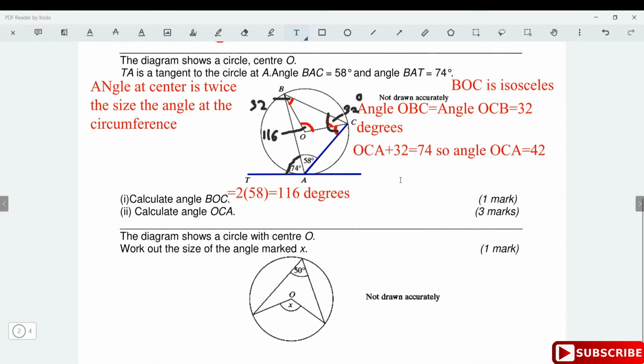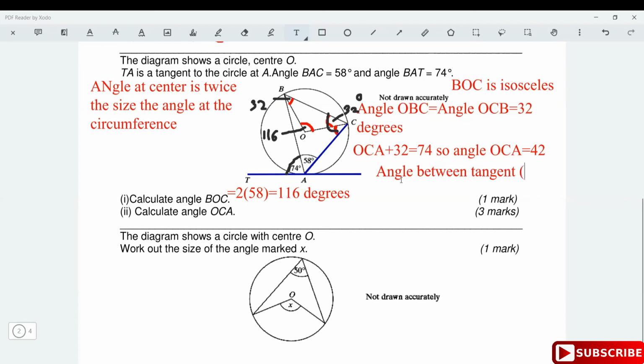What is the reason? Again, it is because the angle between tangent and chord is equal to the angle subtended by the chord. The angle between the tangent, you can tell them what the tangent is, TA.